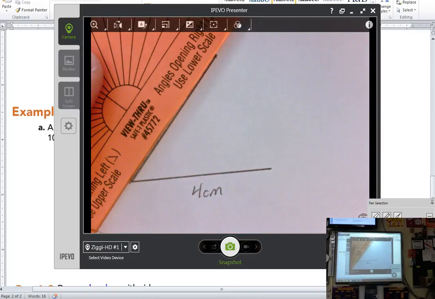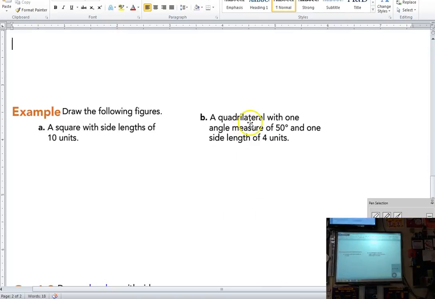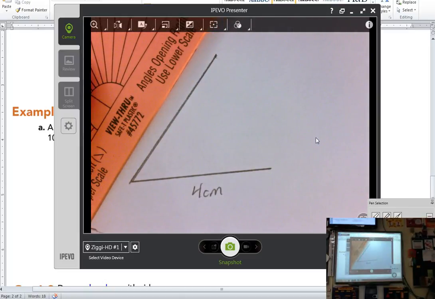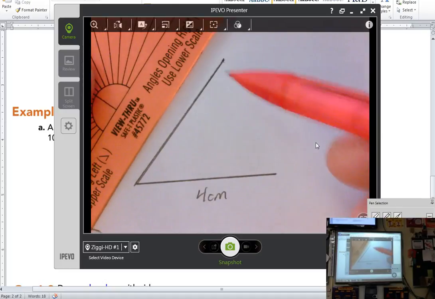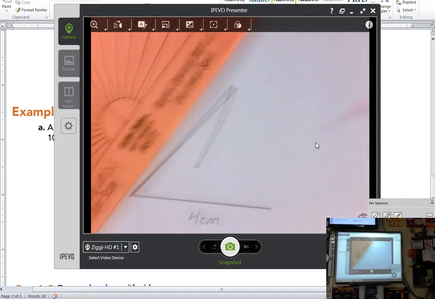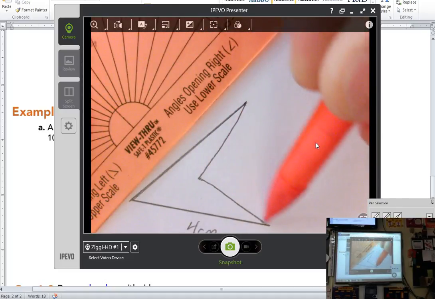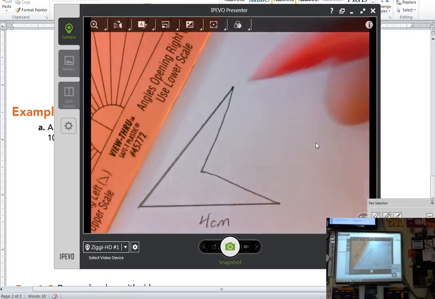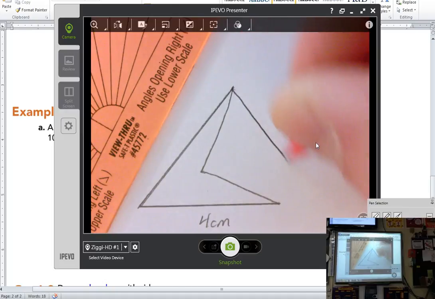Now, do I know anything else? Well, quadrilateral, one angle, one side. So guys, the other parts of your quadrilateral don't matter because it didn't tell me anything. So you could honestly finish your quadrilateral like that. You could finish your quadrilateral like this.